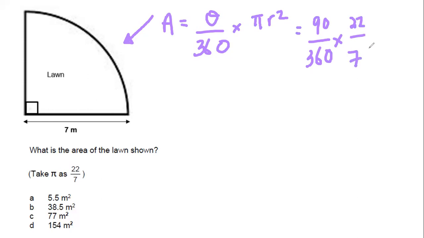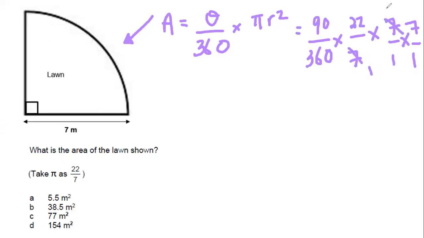Let's say pi is 22 over 7, and the radius is 7. So it's 7 and 7 because it's radius squared. We can reduce that.